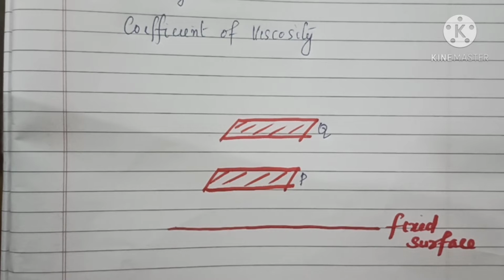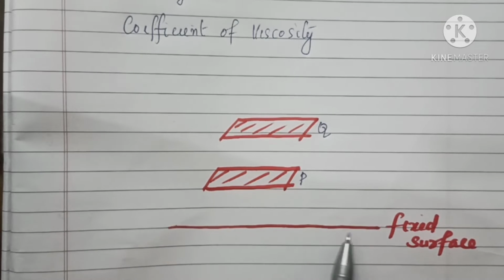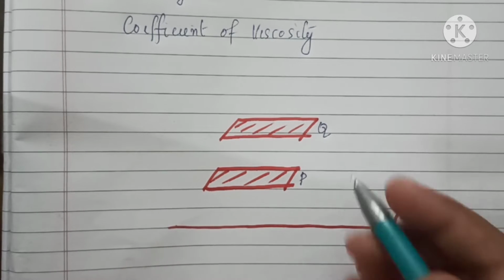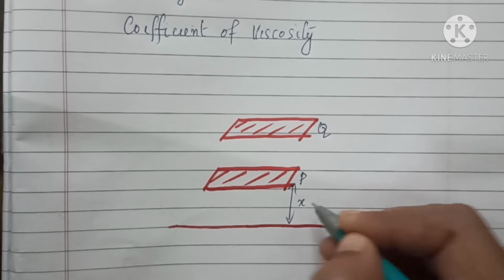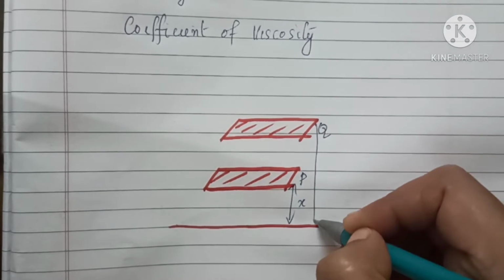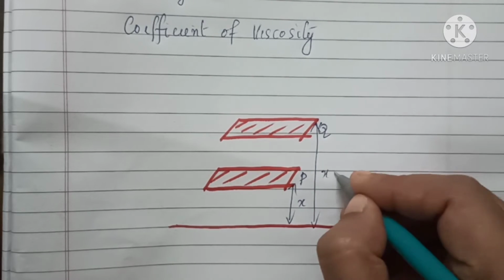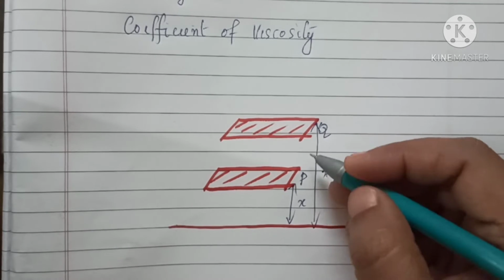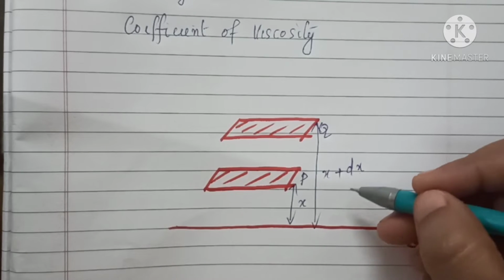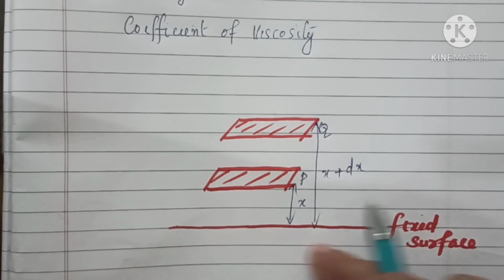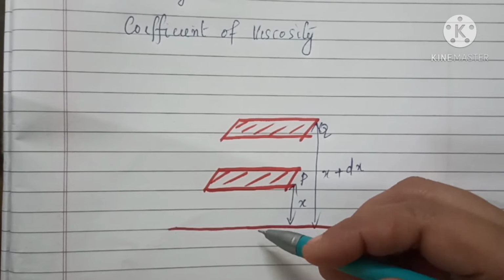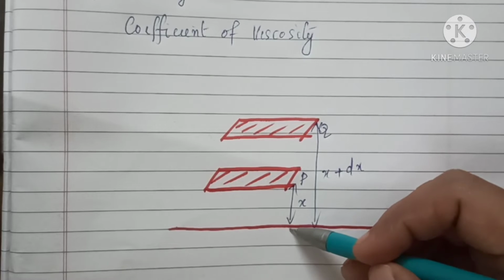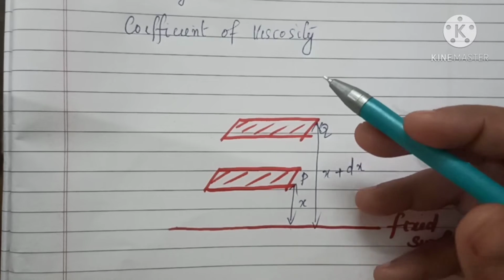Understood? Now these two layers are at a particular distance from the fixed surface, right? Suppose this is at a distance of x from the fixed surface. Then this is at a distance of x plus dx. There is a small difference, right? That can be taken as dx. So x plus dx is the distance from this solid surface. Also, as we are moving up from the fixed surface to different layers, the velocity increases.